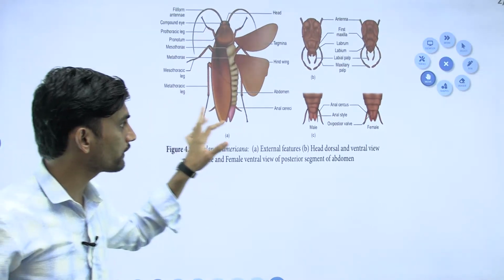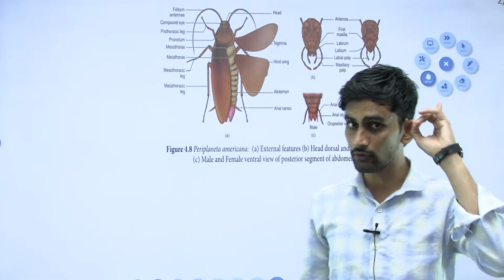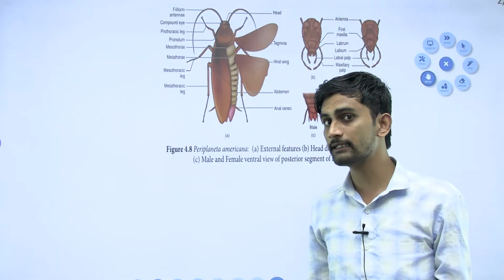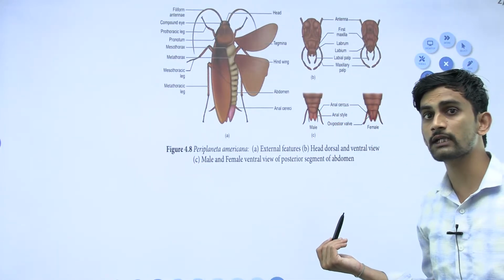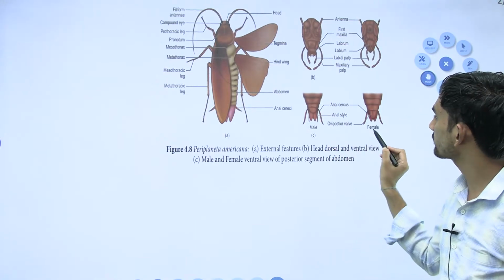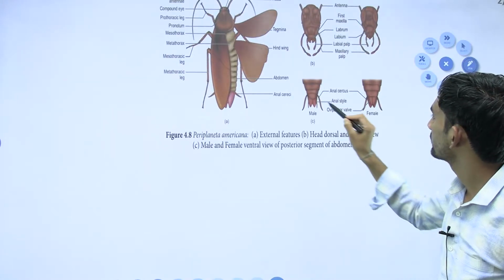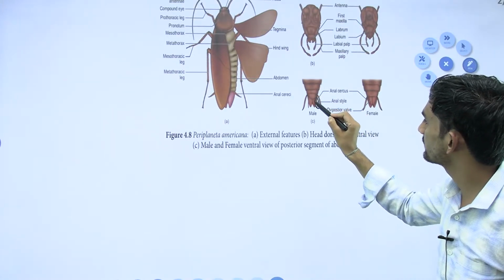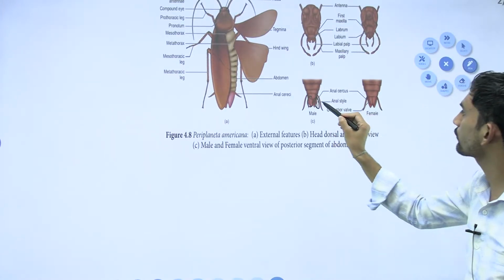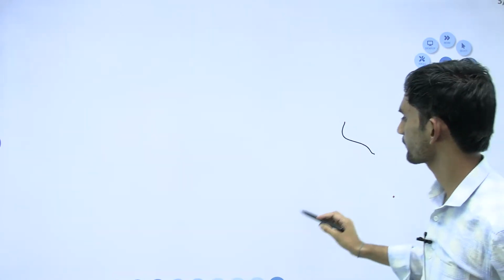I have already told you this is the male and female structure, and another very important thing: how to distinguish sexual dimorphism? In the male, two extra structures are shown here. This is one structure and this is another. These two are common to both, this is also common and this is also common.